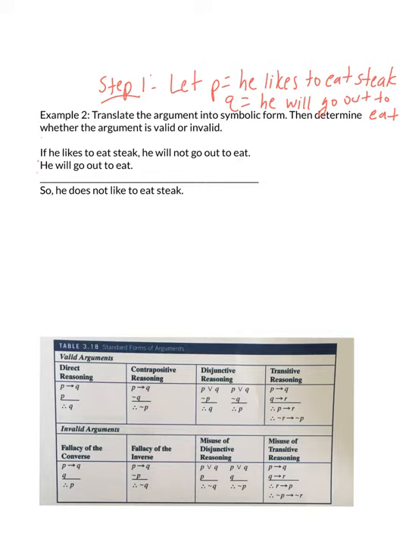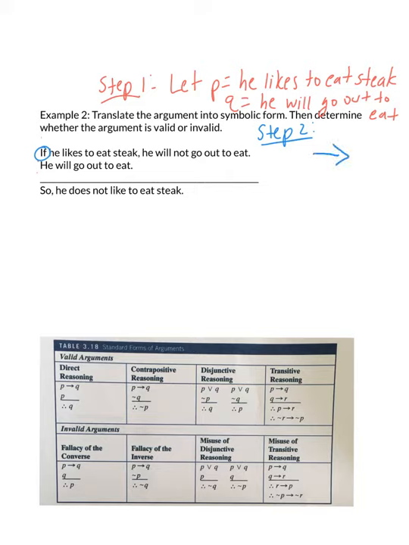So now we're ready for step 2, which is to rewrite in symbolic form where you stack the 3 sentences. So the first sentence says if. It does not say the word then. However, the then is implied. It's not if and only if, it just says the word if. So I need an if-then arrow.